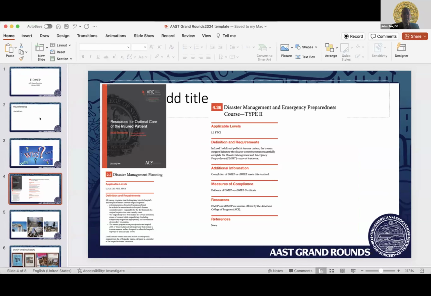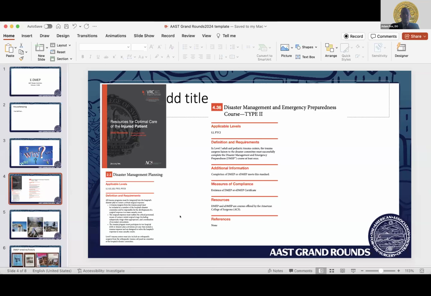The simple answer is there is a relatively new requirement from the Gray Book for ACS verification that there be a completion of DMEP or E-DMEP that meets the requirements for the folks at the hospital in order to achieve verification. In the past, there have been other aspects of disaster management planning where you have to be involved with an emergency management group in the hospital and participate in tabletop exercises or real-life exercises.